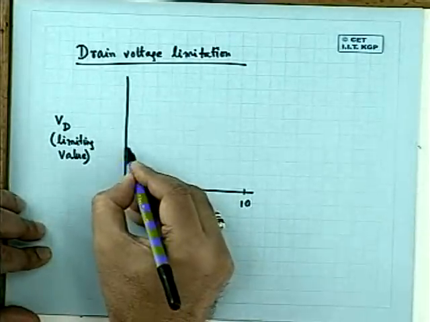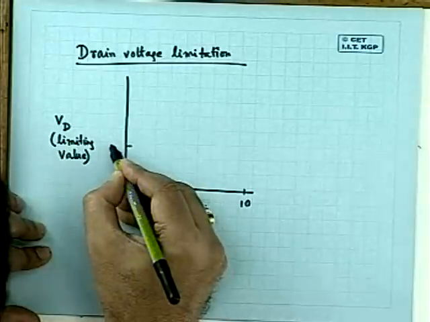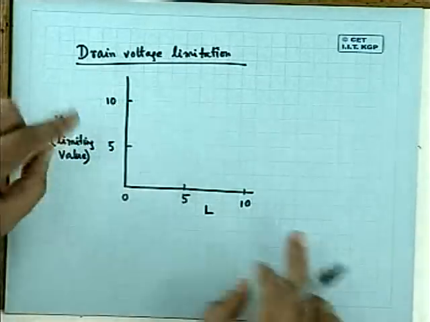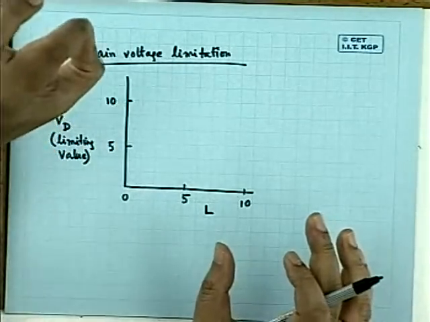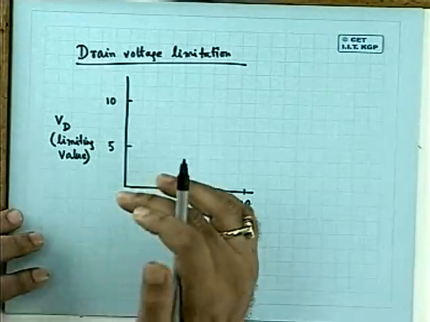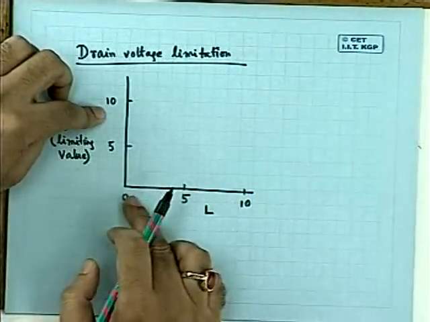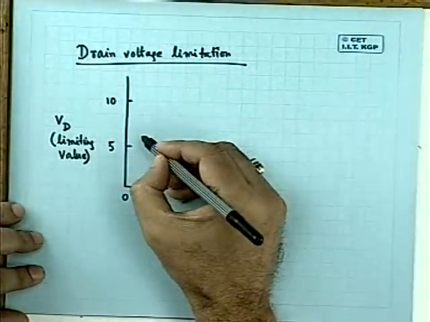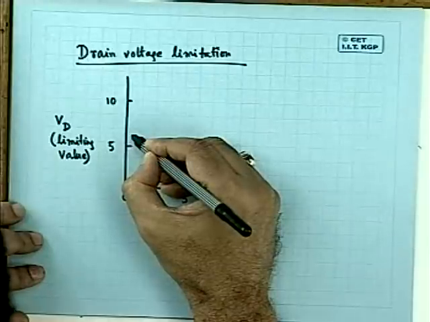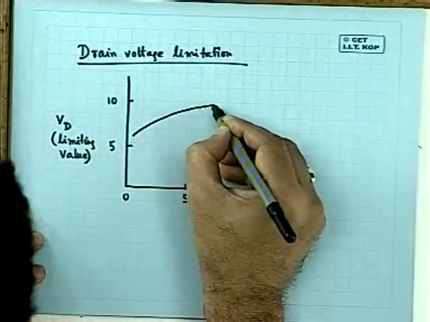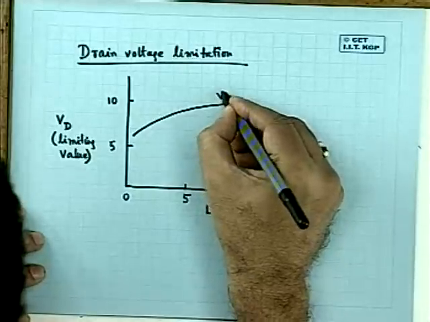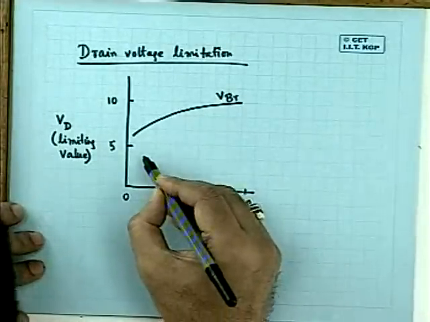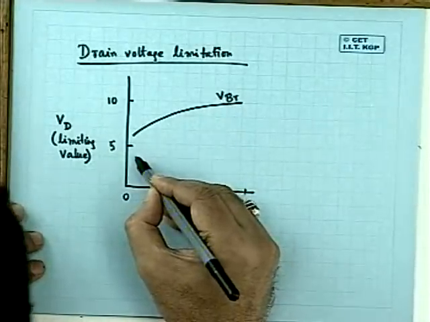It's a typical value that I am writing, but these values, please remember, all depend on the thickness of the oxide and all those things. So don't take these values very rigorously, and just see the nature of the curves. One is the breakdown. The other is called the parasitic bipolar effect. I'm coming to that.